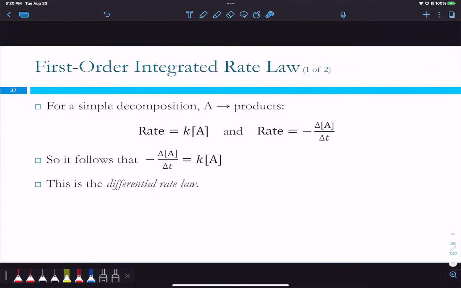So we can set these two expressions equal to each other to get the differential rate law. And then this is what we integrate to get the integrated rate law, integrating with respect to t.